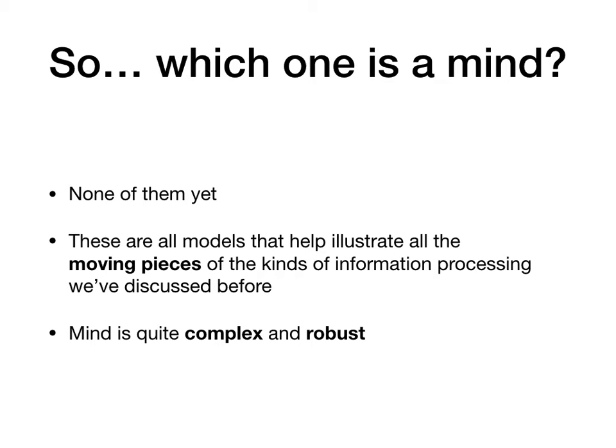So minds are complex and they are robust. They have quite a lot of general problem solving abilities that most of these other systems wouldn't yet be considered to have. I can throw any new problem at you and you will eventually find some solution for it. Usually, depending on how esoteric the problem is, right?